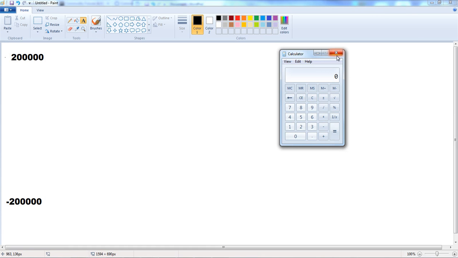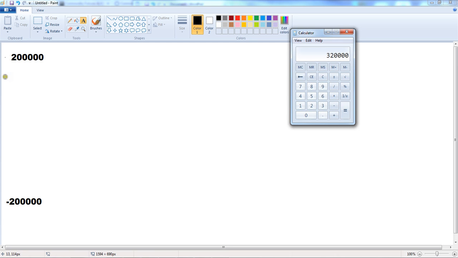So that is 80% of, so 50 would be 0. We'll just times this by 0.8, right? That'll give us the bottom part. Is 320,000.